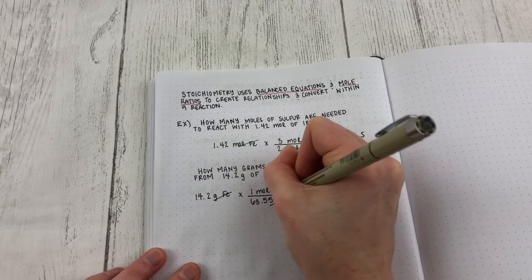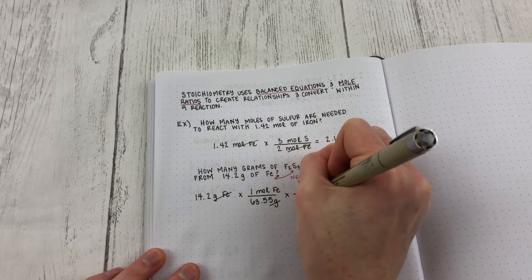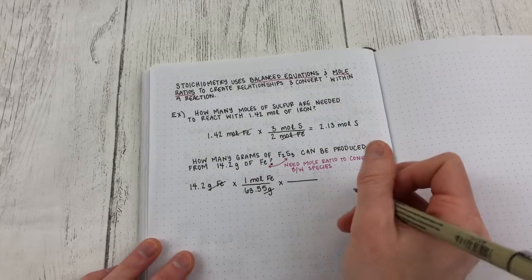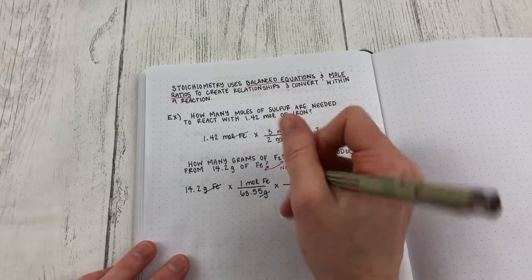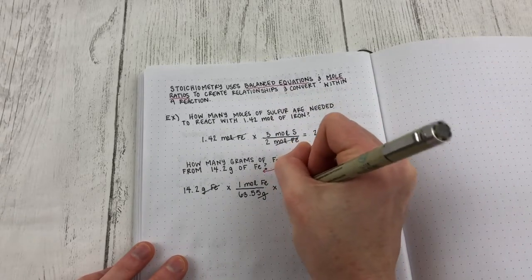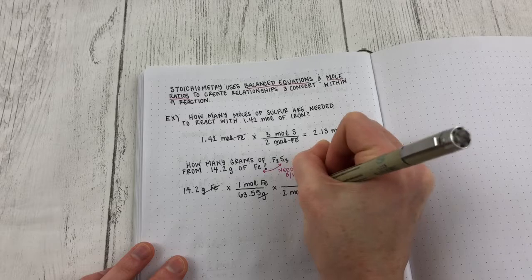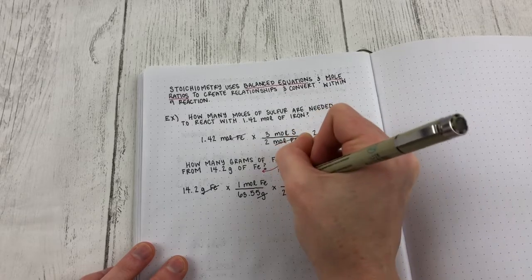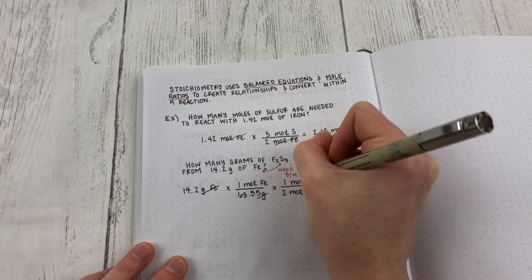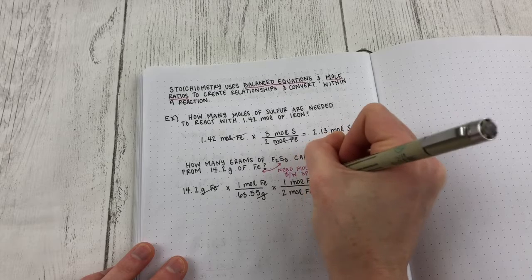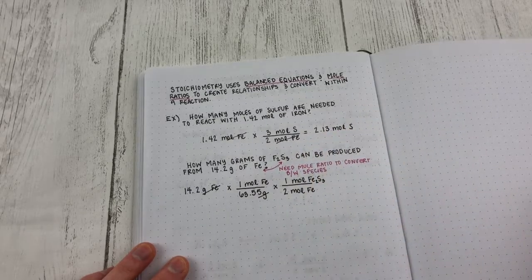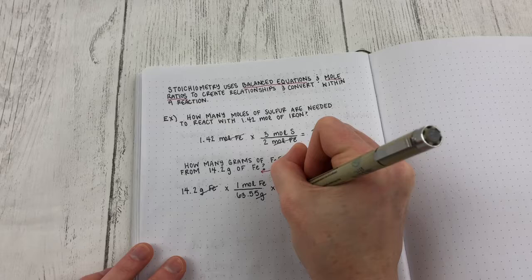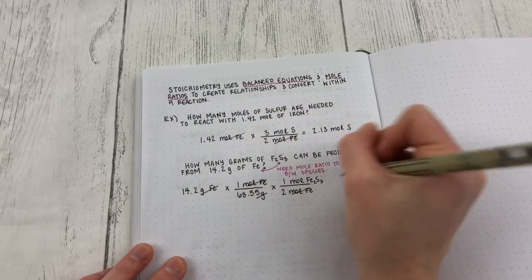And then I'm going to use the mole ratio that converts from moles of iron sulfide to moles of iron. So I'm going to put 2 moles of iron on the bottom, and 1 mole of iron sulfide up top. And that's going to cancel my moles of iron.